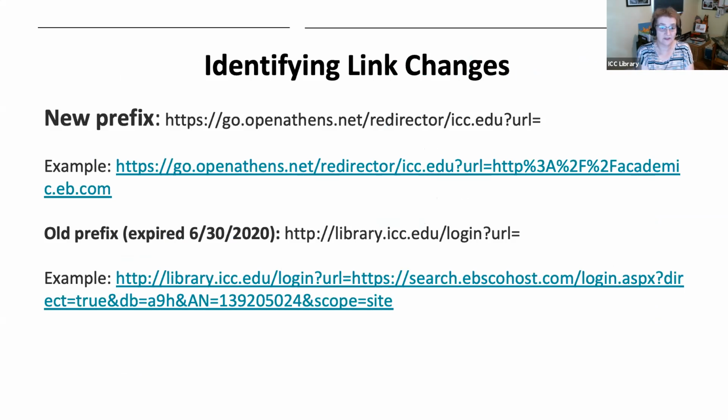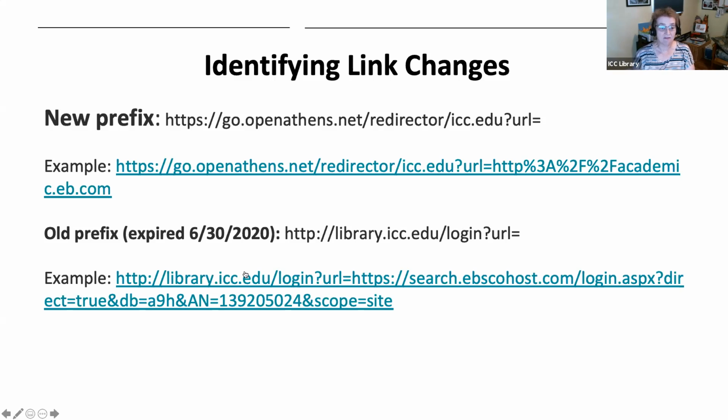Next, this is about the links. Before June, we were using what they call a proxy server, in other words, a way to make sure that only students and faculty are getting to our library resources. At the beginning of July, we went to a new one called Open Athens.